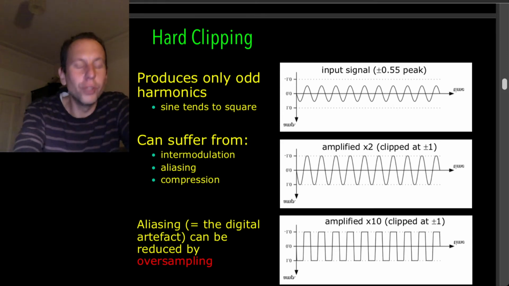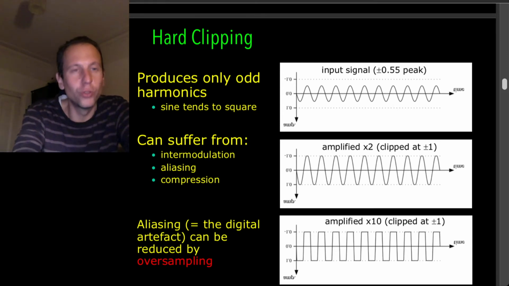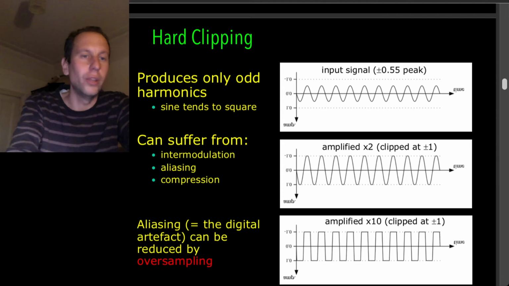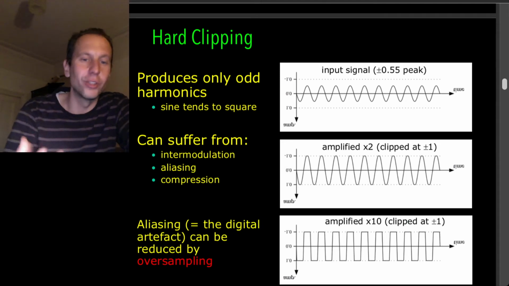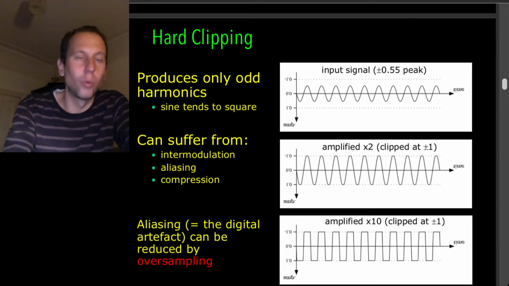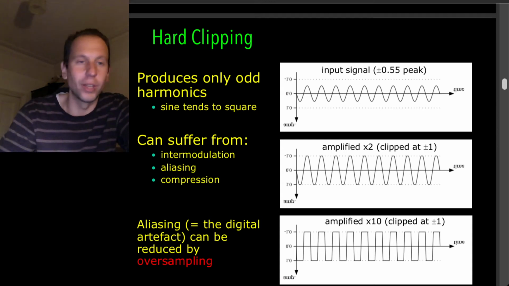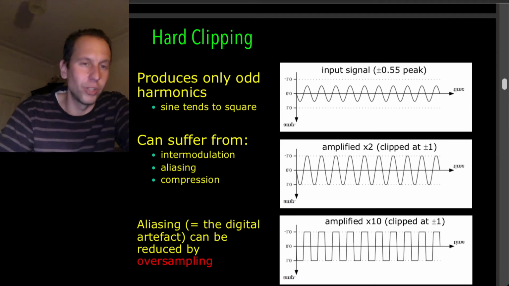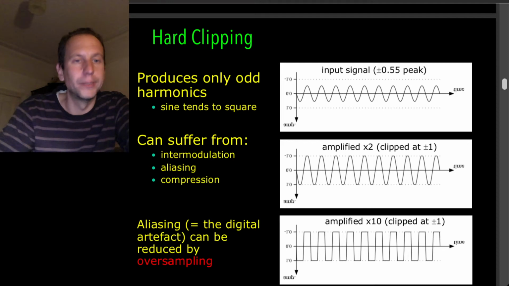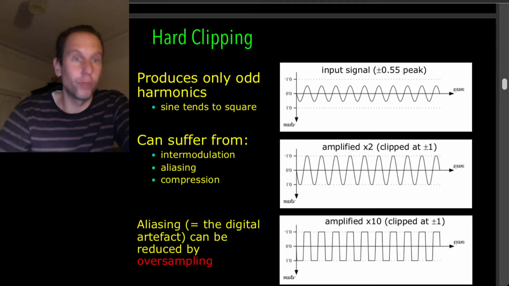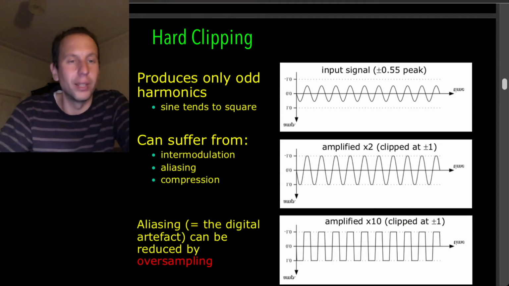Now, in terms of reducing the aliasing, if you want your distortion to not have this digital quality to it, by the way, a lot of synths and plugins rely on the characteristic of digital distortion. Things like bit crushing rely on inducing a lot of aliasing artifacts, and that gives them their special character.